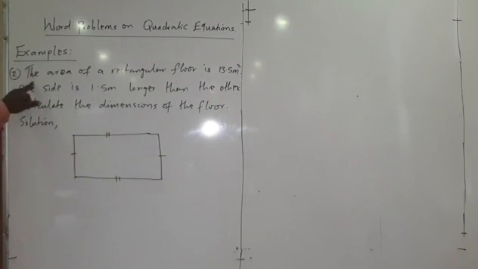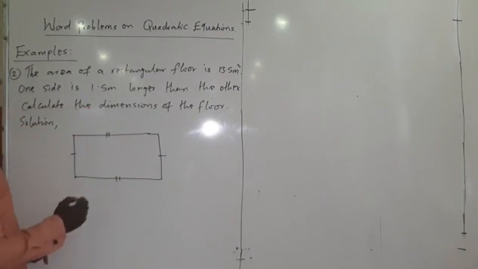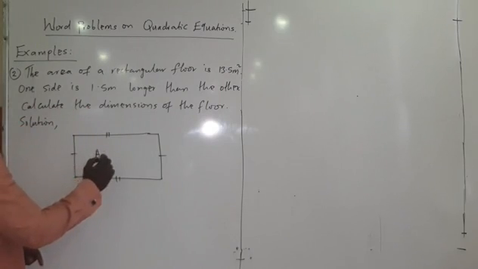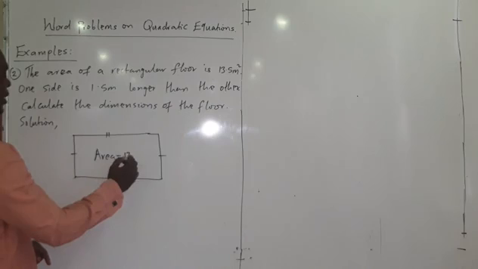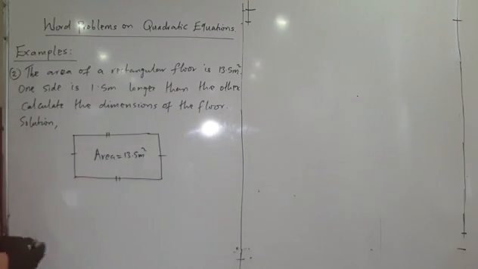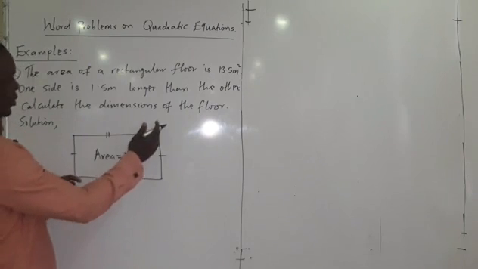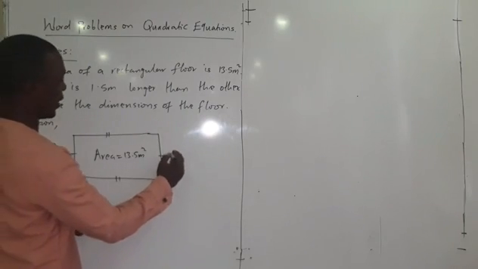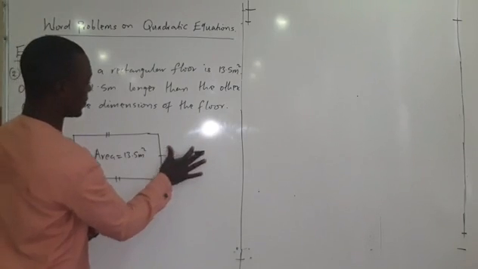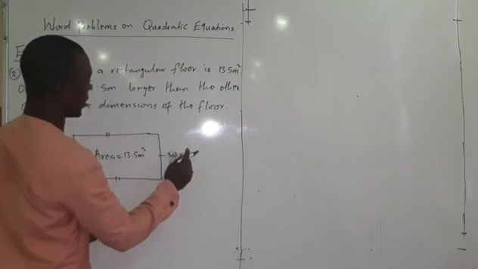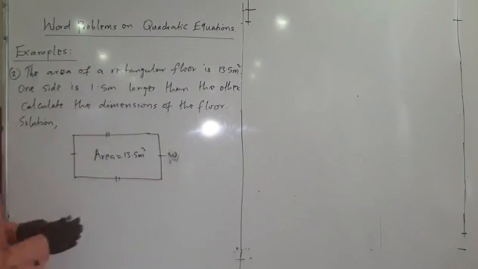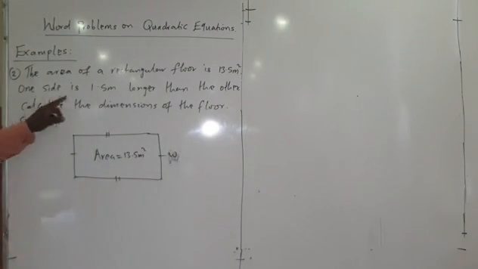But the question says the area of the rectangular floor is 13.5 meters squared. So area equals 13.5 meters squared. One side is 1.5 meters longer than the other. So let's assume the shortest side is x, so we call it the width, while the length is given as 1.5 meters longer than the width.